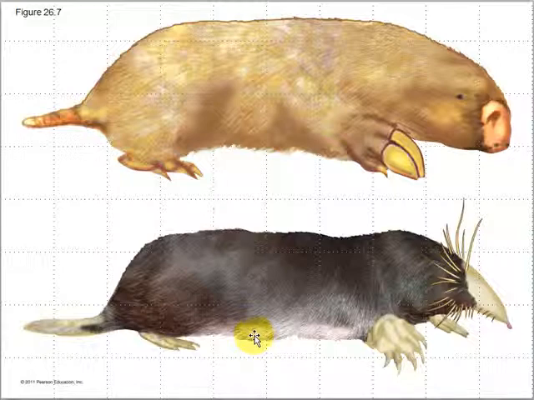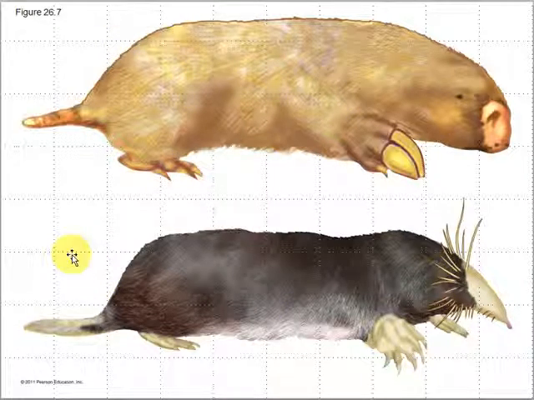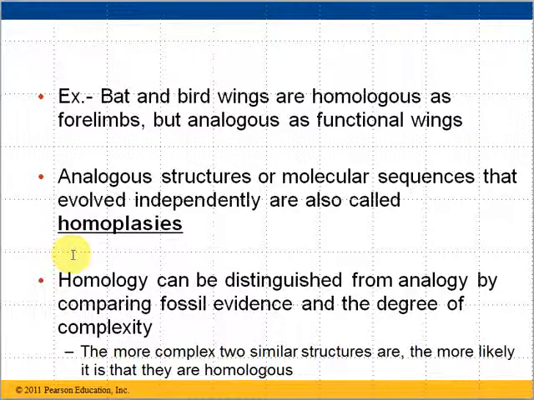But they did come out to look very similar because they're under similar conditions. They both burrow in the soil, they both are well adapted to their particular habitats, which happen to be very much alike. So when we're looking at creatures, we have to be careful to distinguish the difference between homologous structures and analogous structures. A good example is a bat and a bird wing are homologous as forelimbs, but analogous as functional wings.